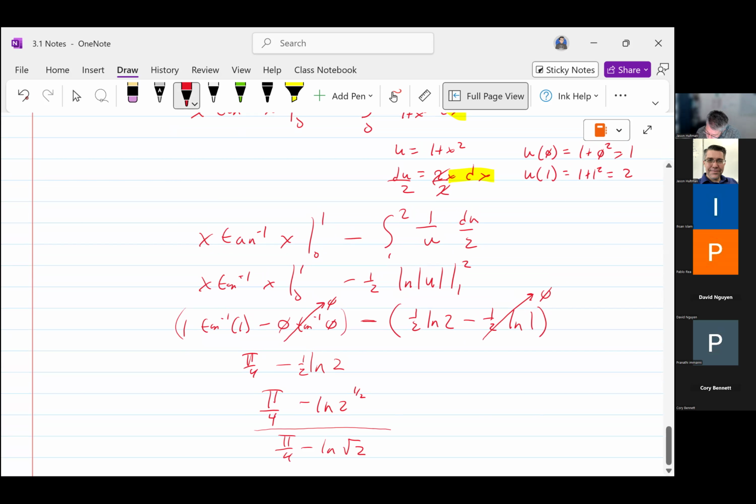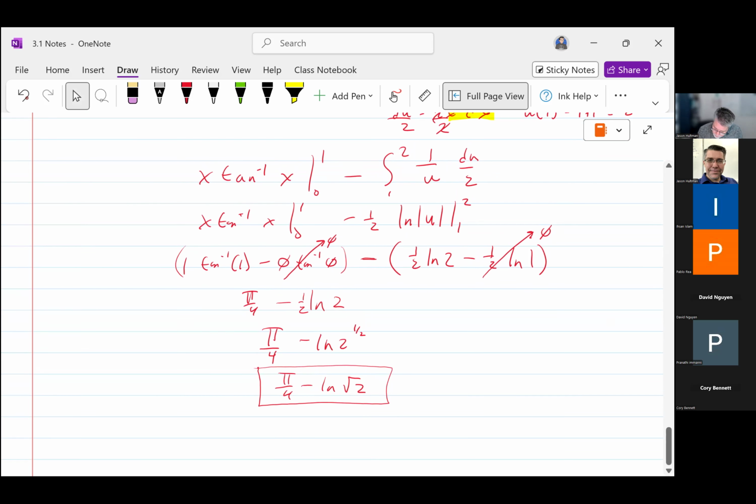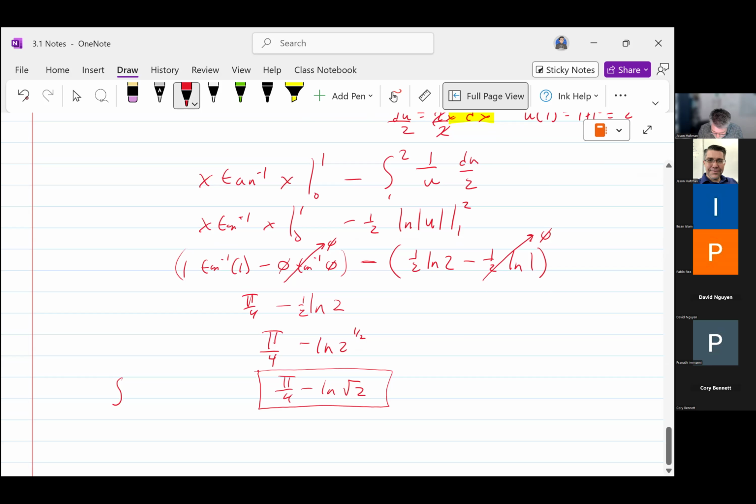It's kind of a really cool result when you think about it. What was the original function that we were dealing with? We were dealing with the area under the curve for the inverse trigonometric function, inverse tangent of x from 0 to 1. And what did we end up with? We ended up with an answer in terms of pi and a natural log.